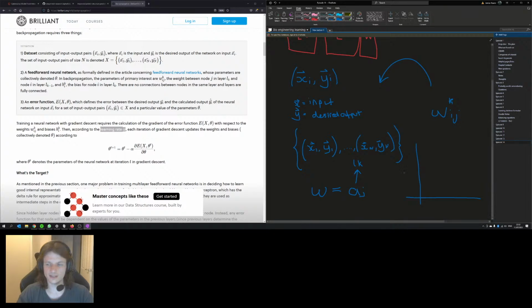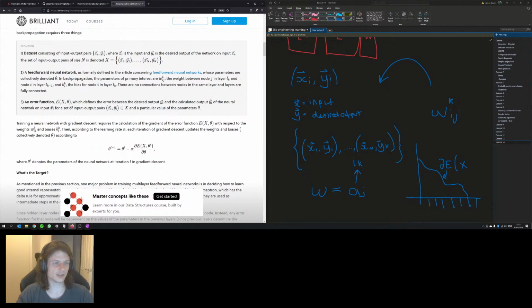We would imagine that this is how many steps we want to take, because it's the learning rate, and this is the change in the error function, delta E. It defines the error between the desired output and the calculated output, for a set of input-output pairs, therefore x, and a particular value of the parameters, of this layer and this with index t.